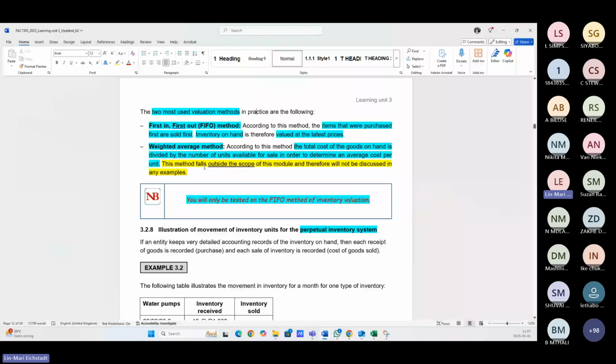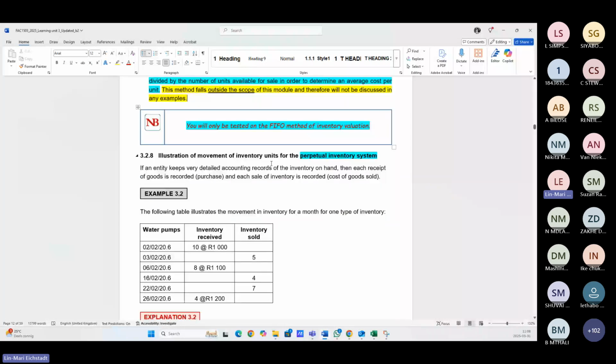But what they are saying there is, for example, if you had 100 units left at year end, but you paid 1,000 Rand for that, you would divide how much ever you paid for the units by the units remaining. But you don't need to understand that for this module. It's just to give you a better indication that there is a different valuation model for inventory.